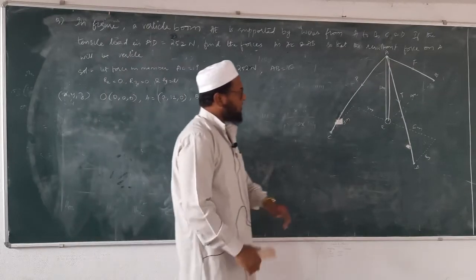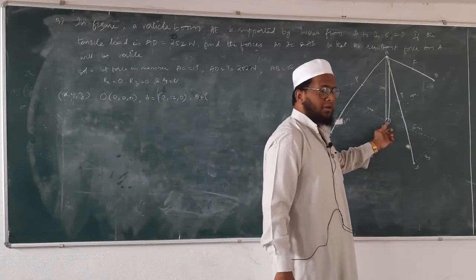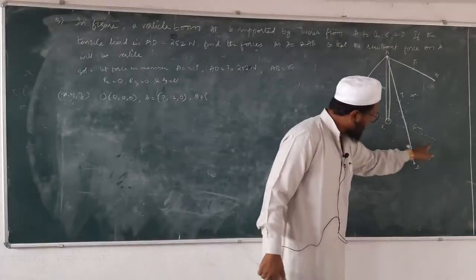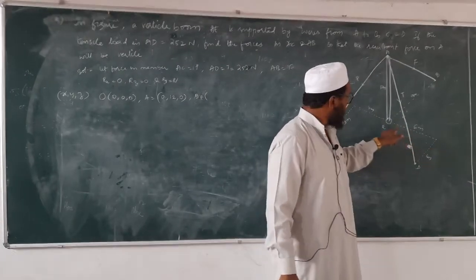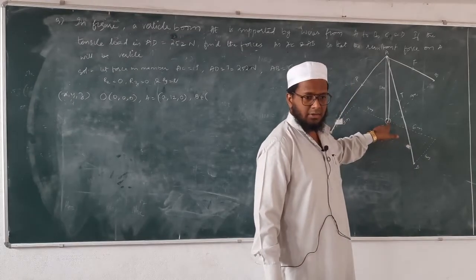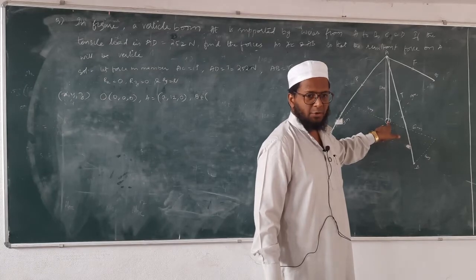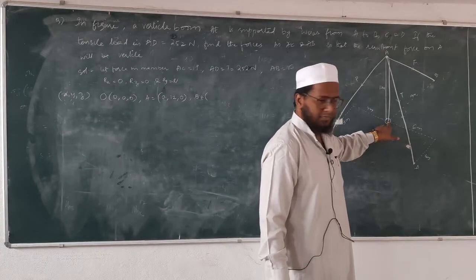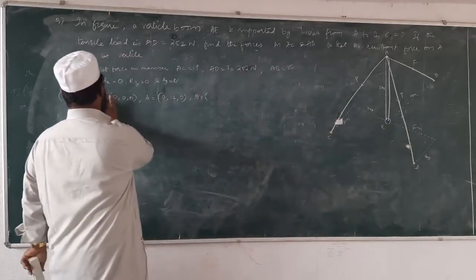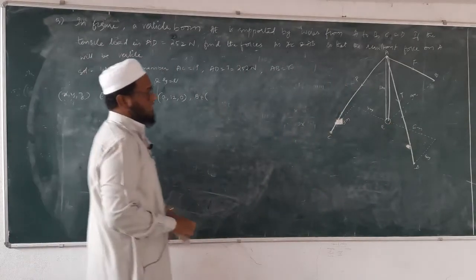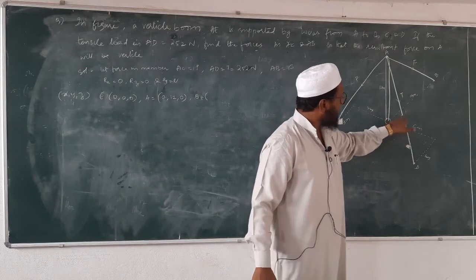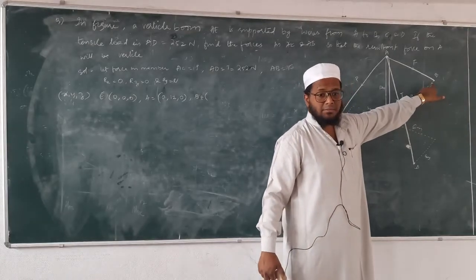Now where is point B? See here, it is lying on the z axis. This line is the z axis and this line is the x axis. So to reach point B, I will start from E. We will name this as E instead of O. From E to B, am I moving on the positive z axis or negative?